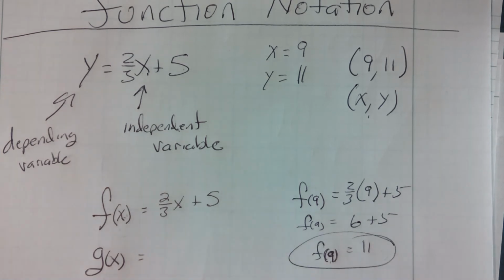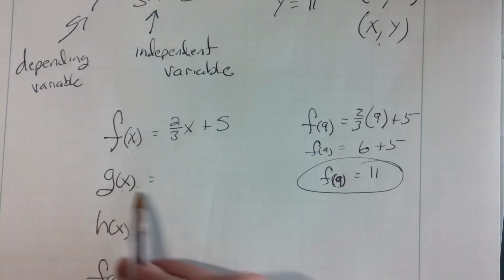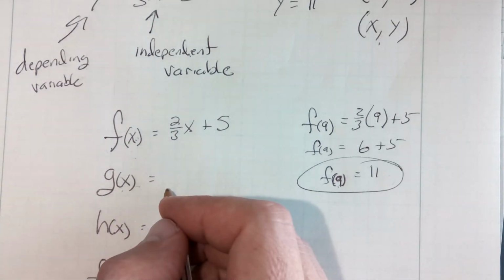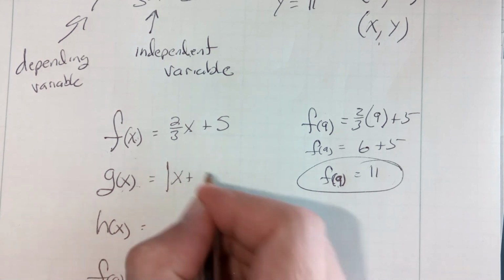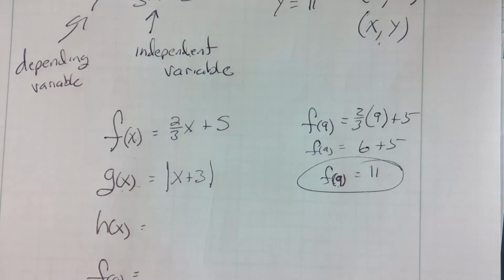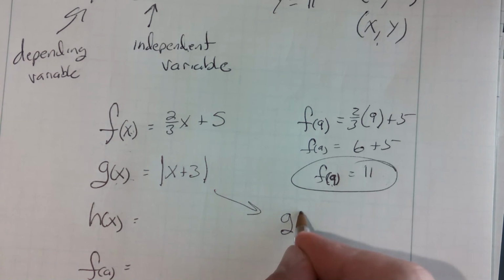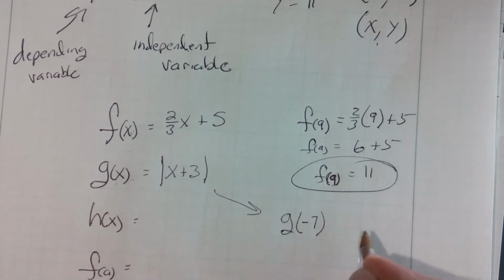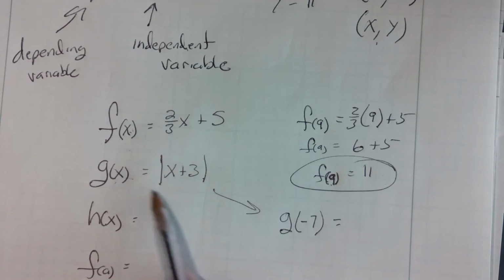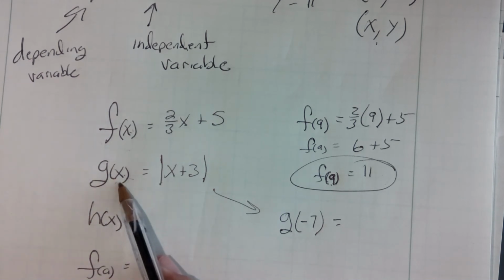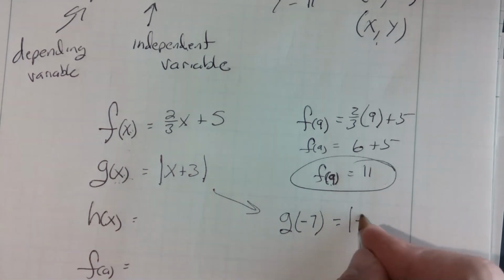Let's do another example, with a different function, g. You might get what's called an absolute value function. You might have g of x equals the absolute value of x plus 3, and we might want to find what g of -7 is. You take the -7 and replace x with it, because that was our independent variable. So I take the absolute value of -7 plus 3.